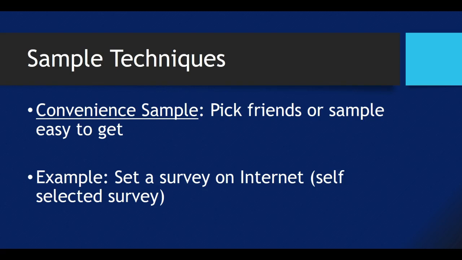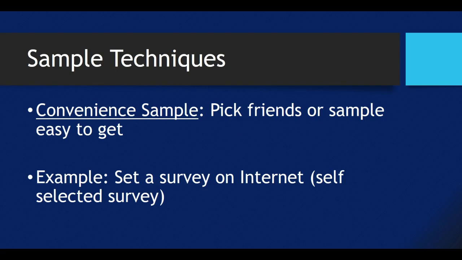But a lot of people aren't going to be very passionate one way or the other, and they're just going to ignore my question and move on. So because it's a self-selected survey, it's not a good sampling technique. You should never trust any sample which has been gotten by convenience.